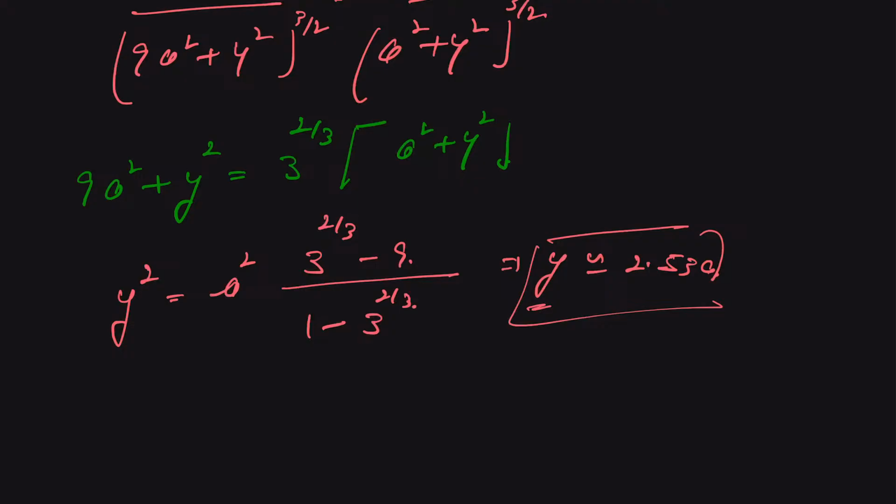Because of that, we are able to find a value of y where the total electric field is equal to 0, because the vertical electric field is 0 for all values of y, whereas the horizontal component will be 0 when our value of y is approximately 2.53 times a.